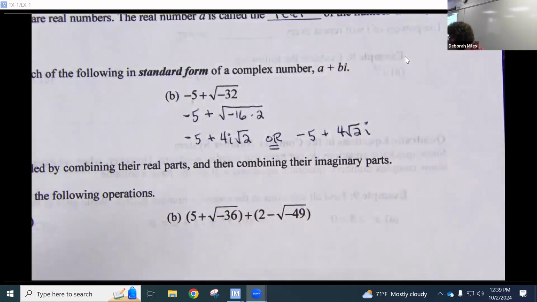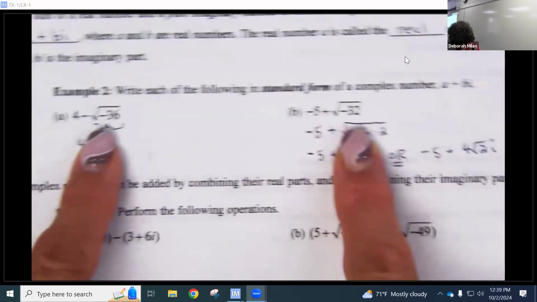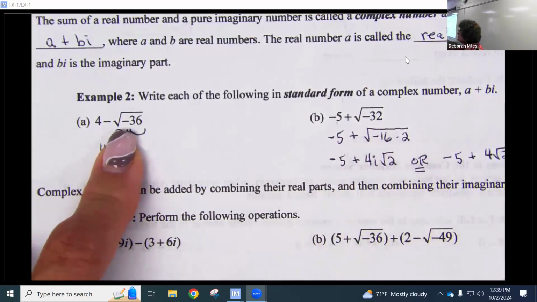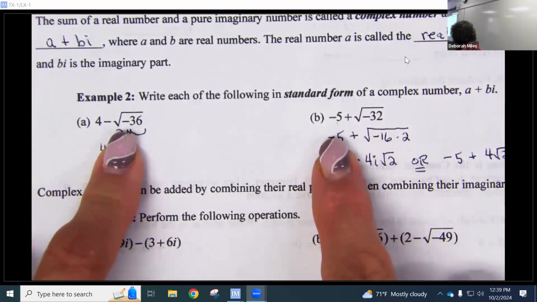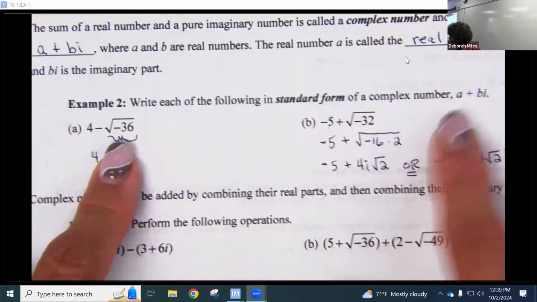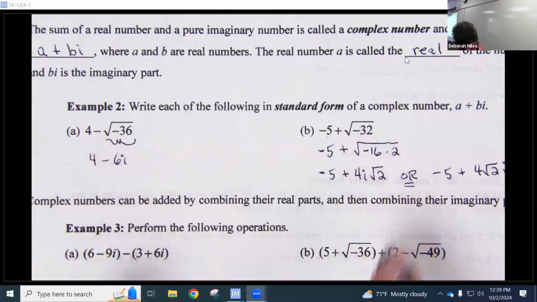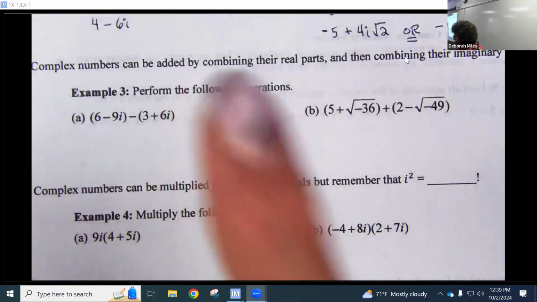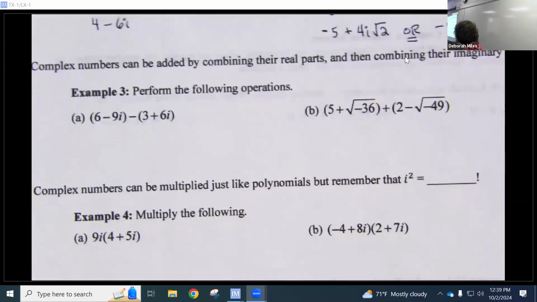Once we had this new notation that allowed us to write imaginary numbers in terms of i, or any number in the whole wide world in the form of a complex number, all of a sudden we could do things we'd never been able to do before. We can add complex numbers, we can subtract complex numbers, we can multiply complex numbers.